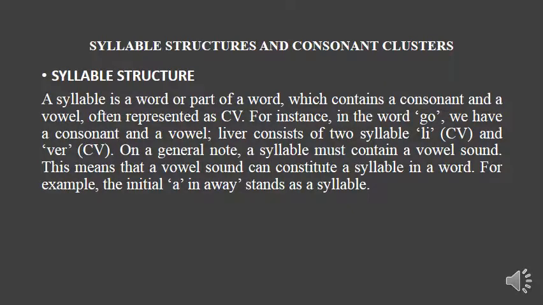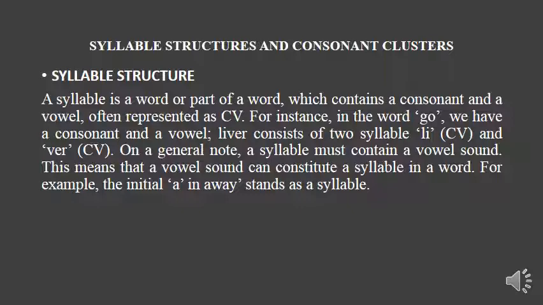On a general note, a syllable must contain a vowel sound. That is, for a syllable to be a syllable, it must have a vowel sound. That is, a consonant alone cannot produce a syllable. This means that a vowel sound can serve as a syllable in a word.